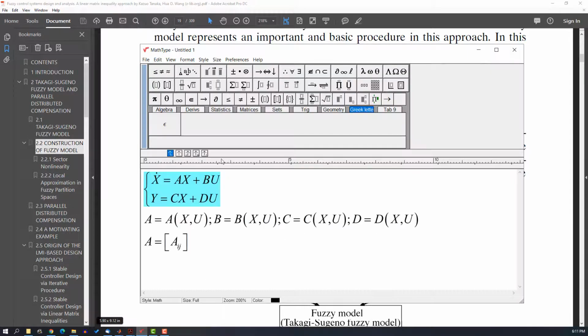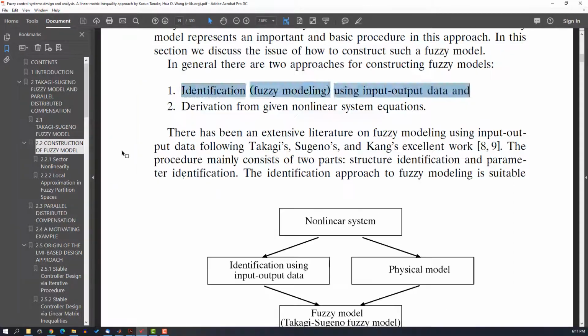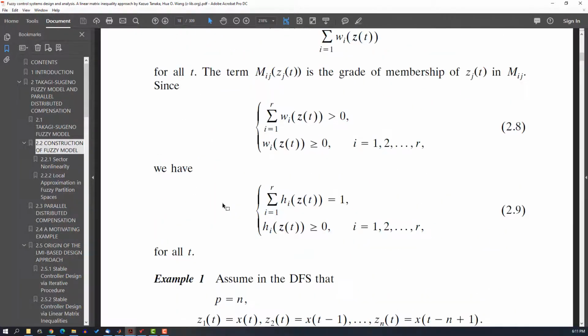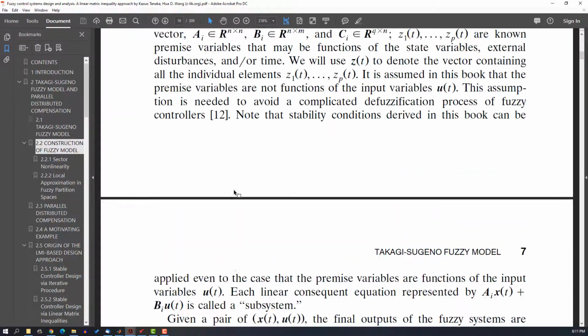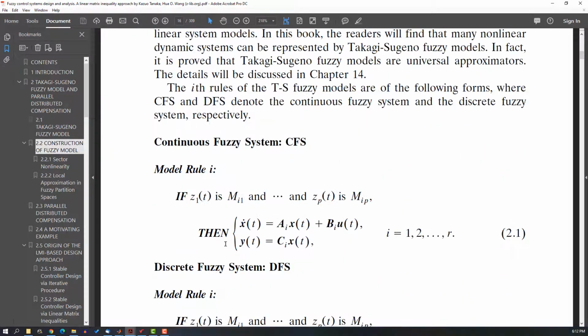For example, you already know there are some states, how many states, how many inputs, and you can use the input and output data to determine the matrices A, B, C, D as functions of states, or even determine a set of rules like this one.